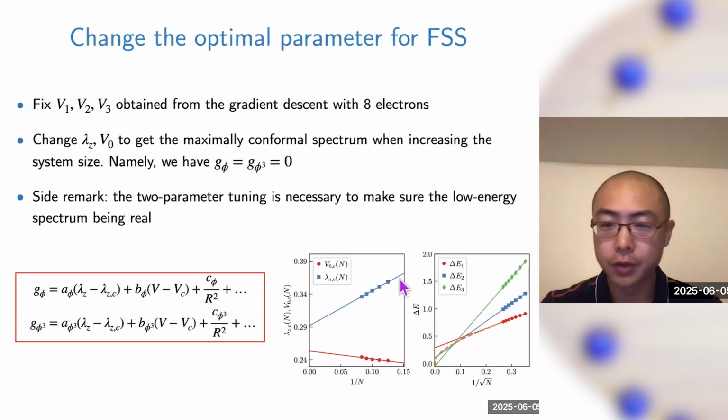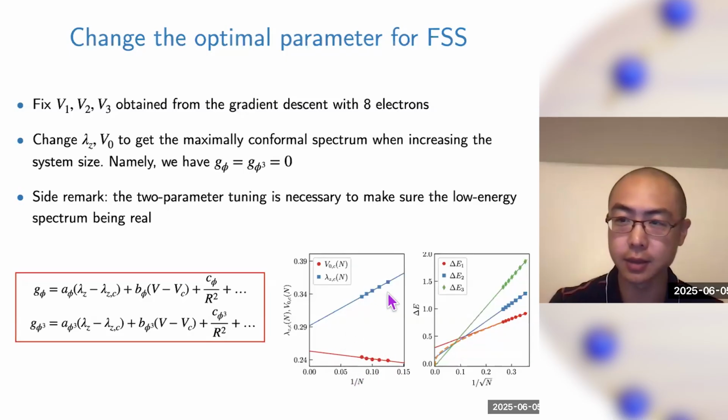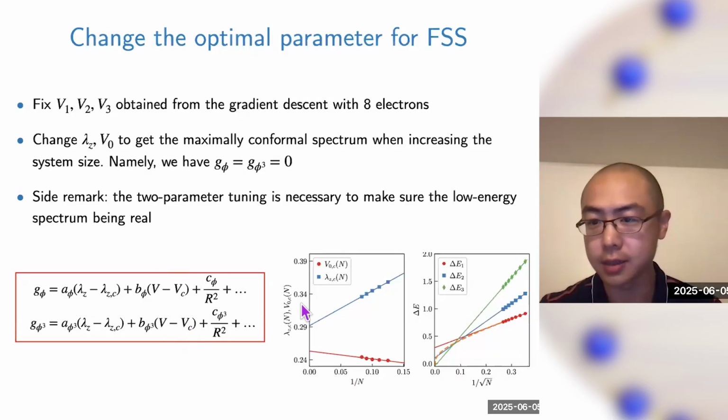And then if you follow this procedure, you'll find that the optimal V0 and lambda z at different system sizes follow this curve. It seems to fit very well with a linear fitting in 1 over N. So that's confirming this ansatz.